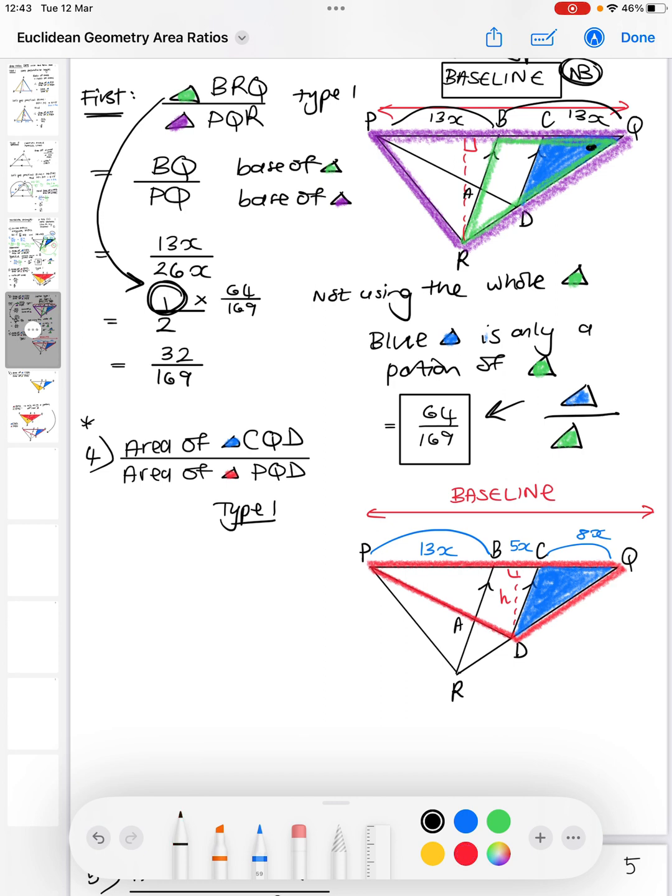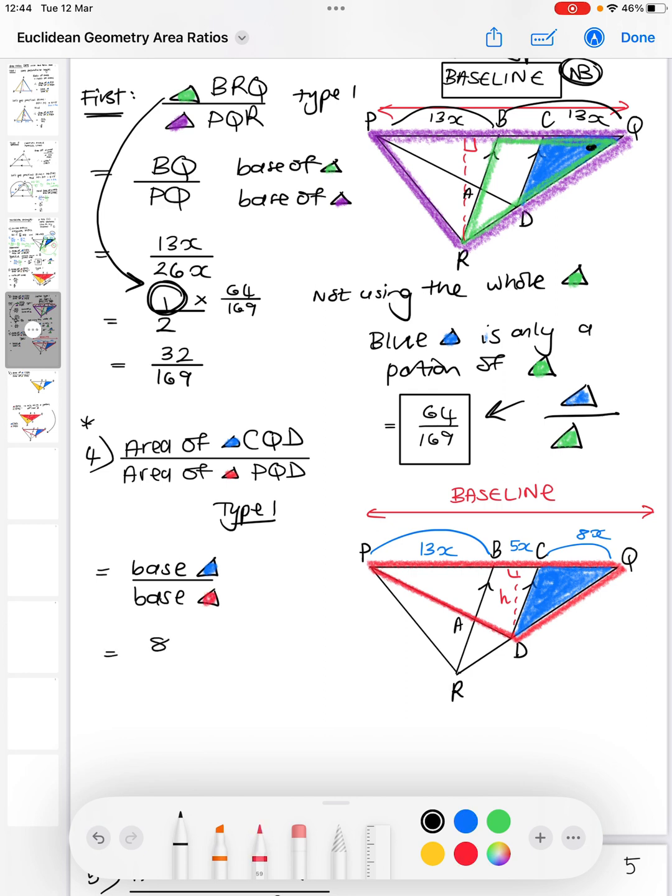PQ. So because it's type 1, it means that the area of blue over area of red would equal the ratios of their bases. So I'm going to put the base of my blue triangle, which is what is asked of me, over the base of my red triangle.